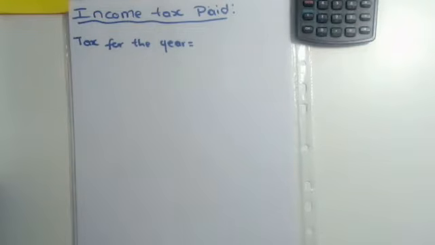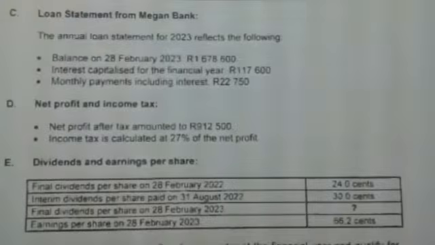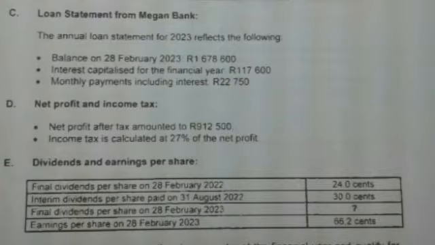The next line item in our operating activities is income tax paid. For income tax, we have information D, and it shows us net profit that amounted to 912,500, and then they tell us in the second bullet that income tax is calculated at 27% of net profit. So usually when we have net profit before tax, we will just take that amount and multiply it with the 27%.